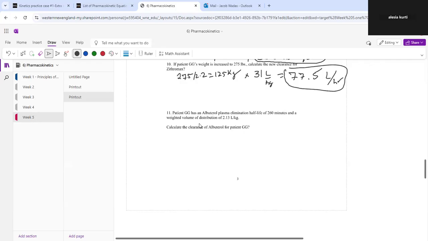So let's just do it for minutes, and then we can change it to hours afterwards.